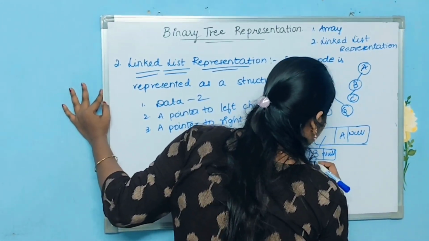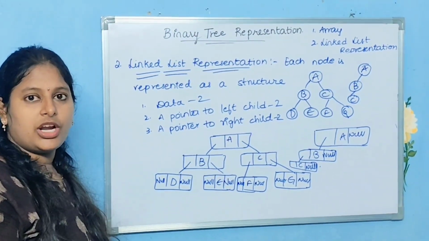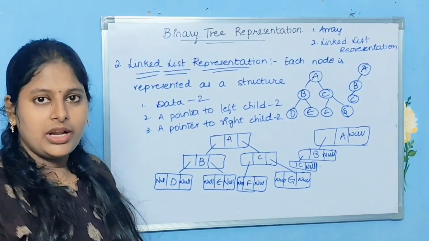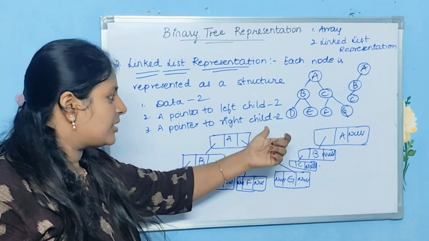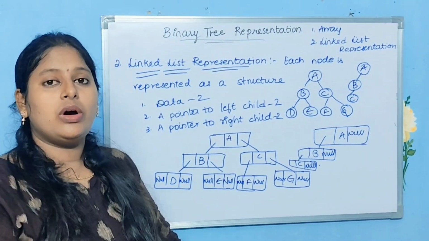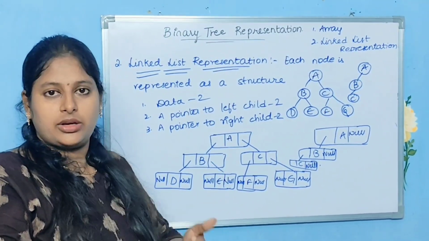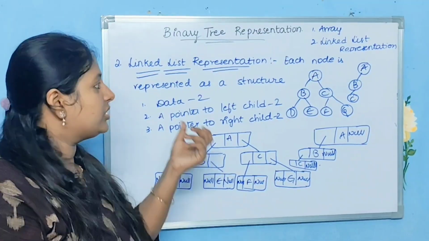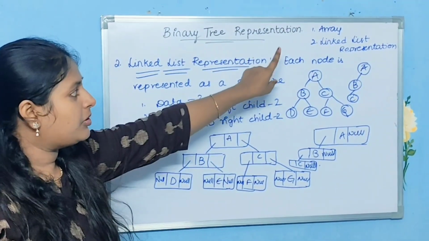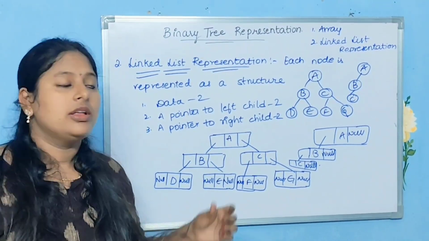You need not do anything else with these empty spaces. Right? Memory is allocated only for elements present, and each time 6 bytes is allocated for each node. No extra memory will be created while adding each node. Okay. So this is how you represent the binary tree with the help of arrays and linked list. I hope all of you have understood this representation.